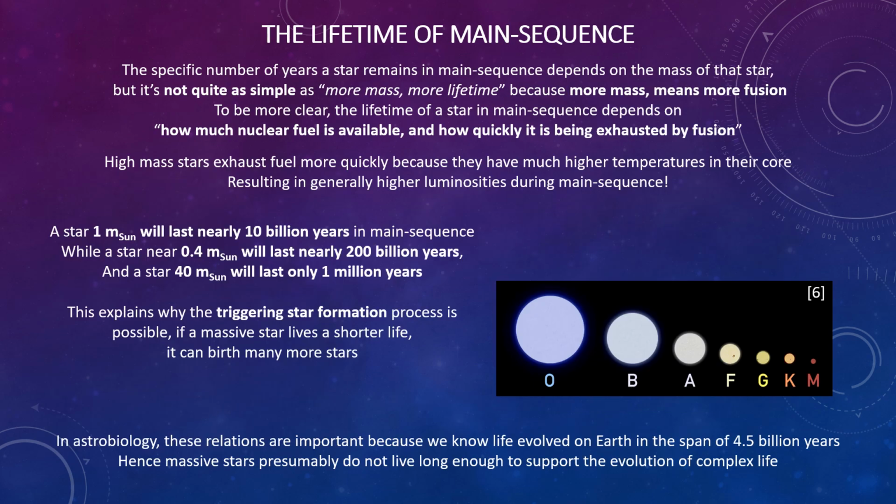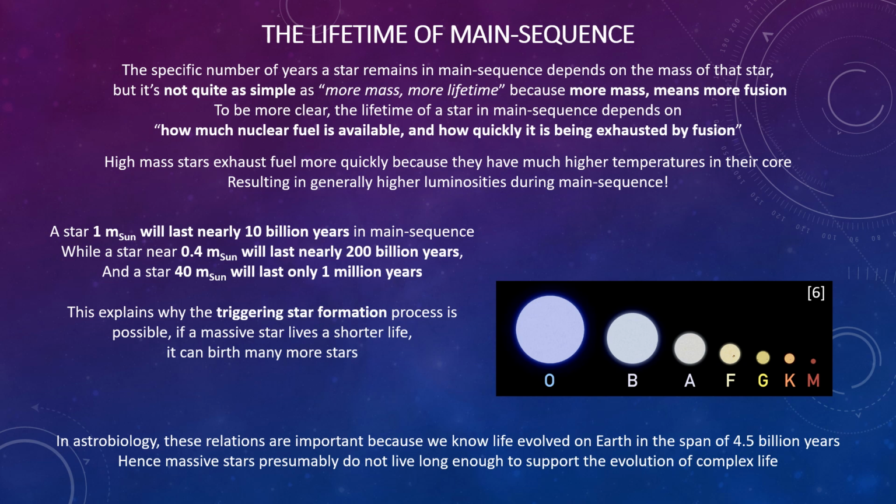So how long do these stars last on the main sequence? The number of years that they last on the main sequence depends on the mass, but it's not actually as simple as more mass means more lifetime, because actually more mass means more fusion.